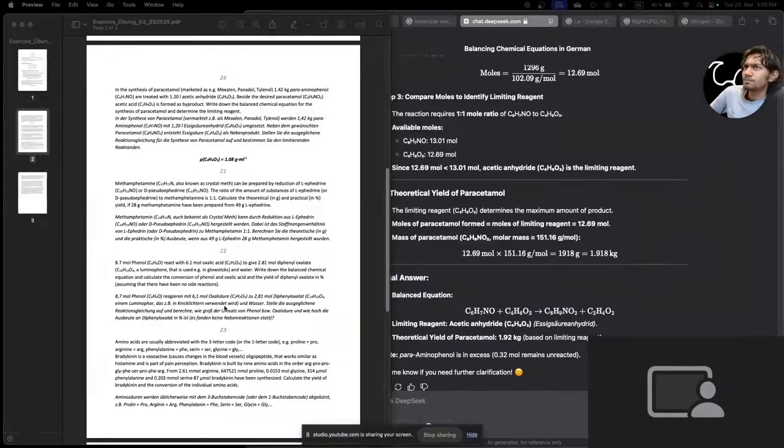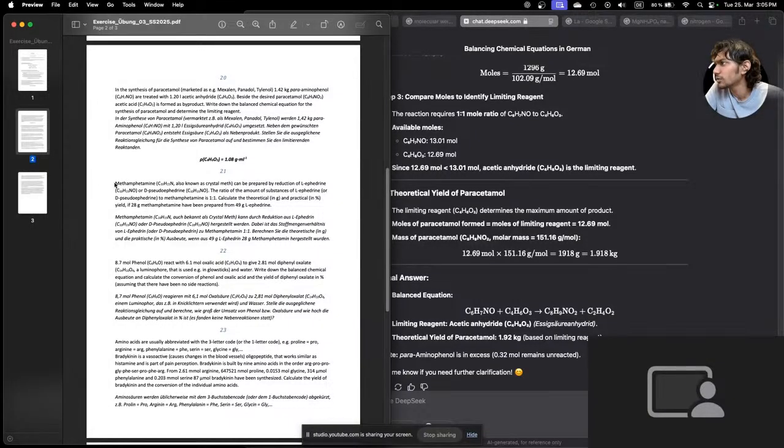Reduction of. Okay, so reduction means removal of oxygen by heat, or I don't know how the equation is going to be, but H2 gives H2. I don't know how the equation is going to be.